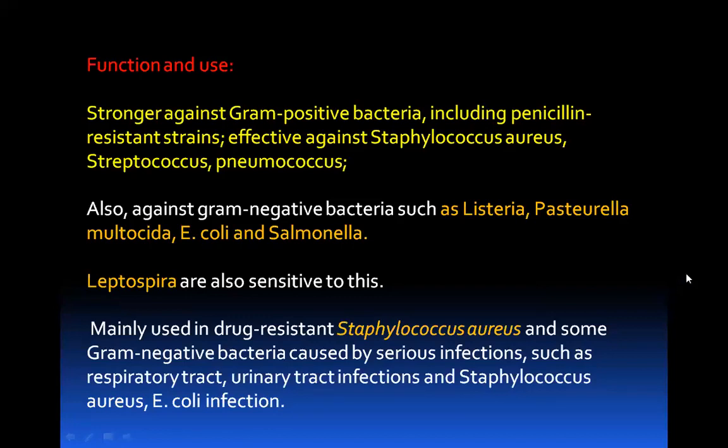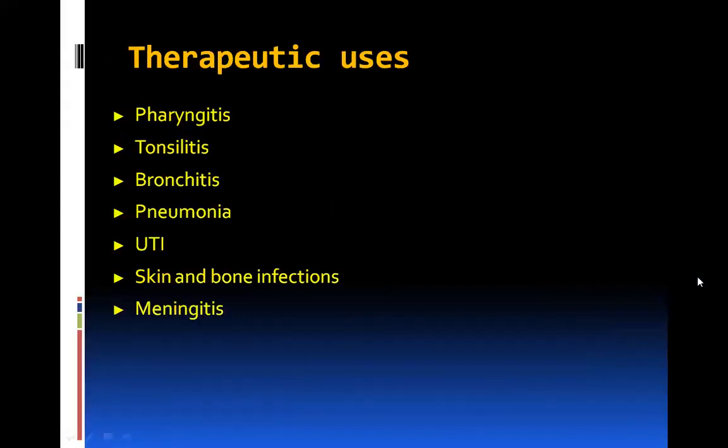So it could be used effectively against both gram-positive and gram-negative organisms. Several of the organisms can be inhibited by using cephalosporins. They have therapeutic use mainly in pharyngitis, tonsillitis, bronchitis, pneumonia, UTI, skin and bone infections, along with meningitis.